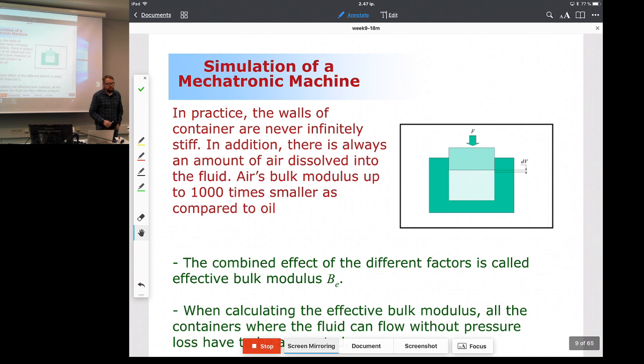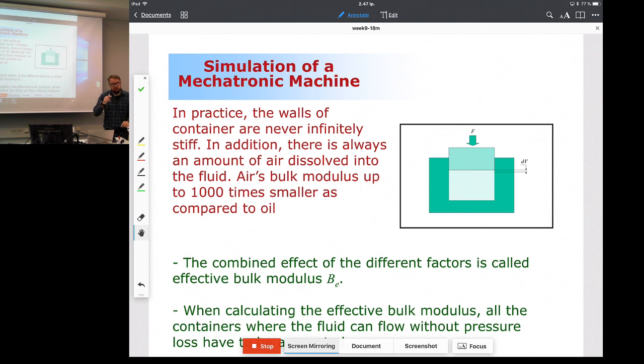Now, in practice there is always no such thing as a rigid container. There's always a container flexibility that may affect the flexibility of the fluid. Typically not so much for hydraulic cylinders made out of steel, but often hoses are used to connect the direction valves and hydraulic cylinders. Those hoses are made out of rubber, and rubber is quite flexible.